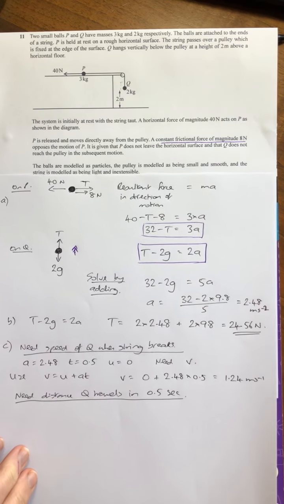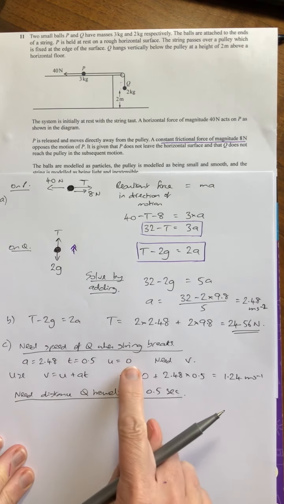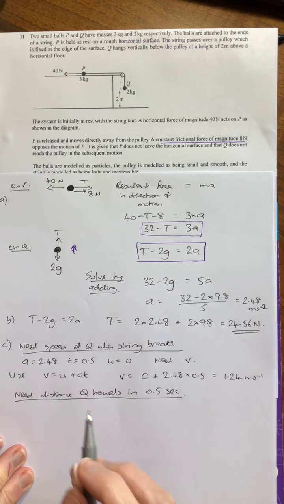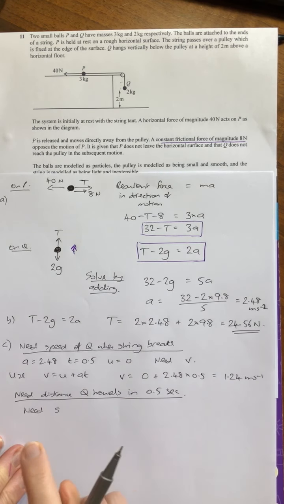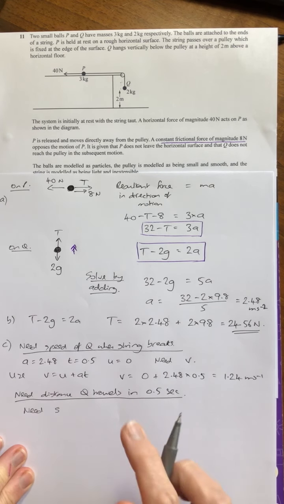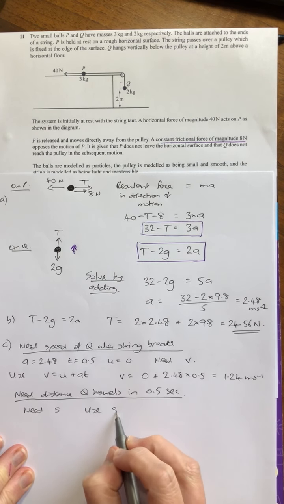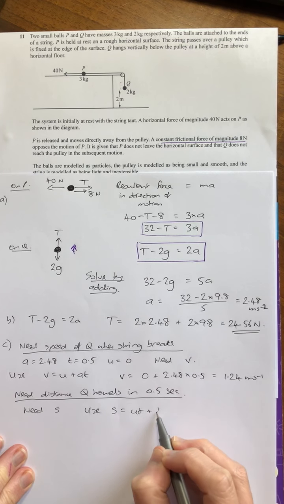So based on these two bits of information, this time I need the distance, so I need S. So I need an equation with S, U, A and T. So I'm going to use S equals UT plus a half AT squared.